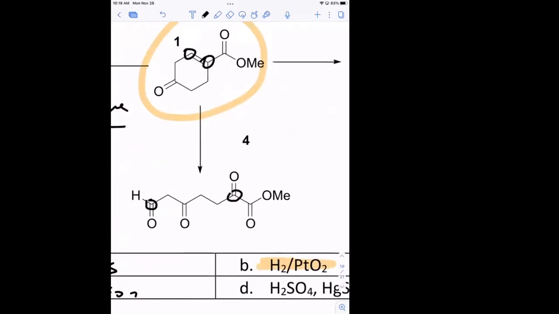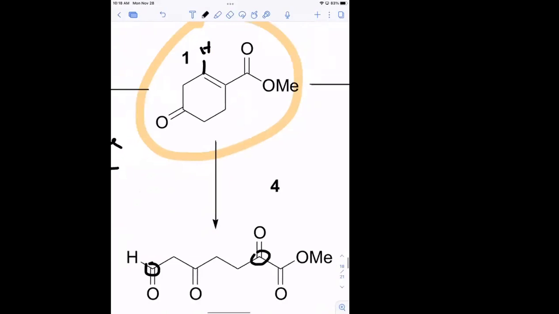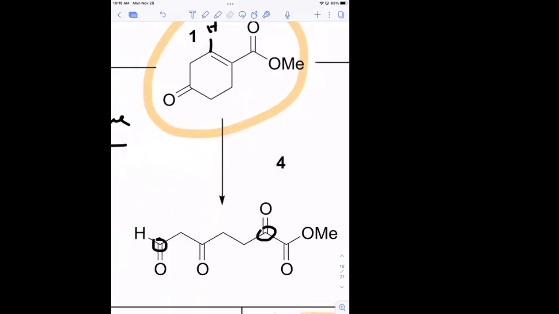Right, so even though it's a ring, I can still crack that double bond in half. And if you're confused about the structure, let me do this. Let's put in a hydrogen here. There's no hydrogen on the other side. So that hydrogen right there is here.